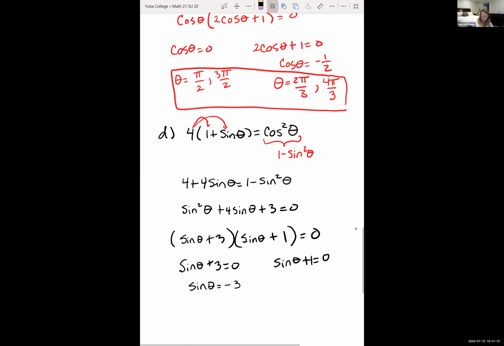This is not possible. Solving for sine theta for the second equation, though, we're looking at when is sine theta equal to negative 1. There's only one value where it's equal to negative 1 between 0 and 2 pi, and that is at 3 pi halves. So part D is 3 pi halves.